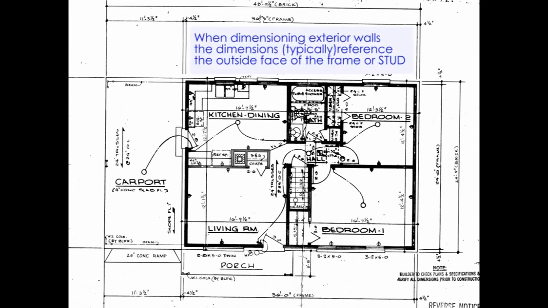That is going from the outside stud to the outside stud. For the distance between the two horizontal walls, we will use a distance of 24 feet. Again, this is going from the outside of the stud to the outside of the stud.